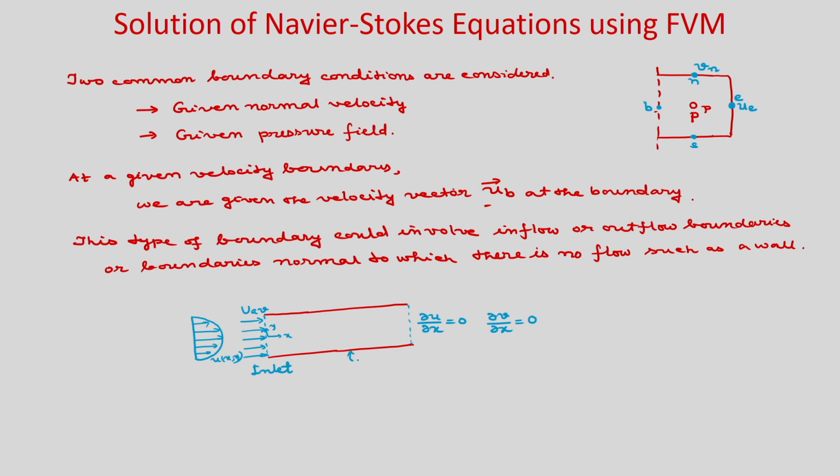So, at the wall you can put u is equal to v is equal to 0. If you are specifying normal velocity, then here u is equal to u average and v is equal to 0. This in detail we have discussed already in earlier modules.